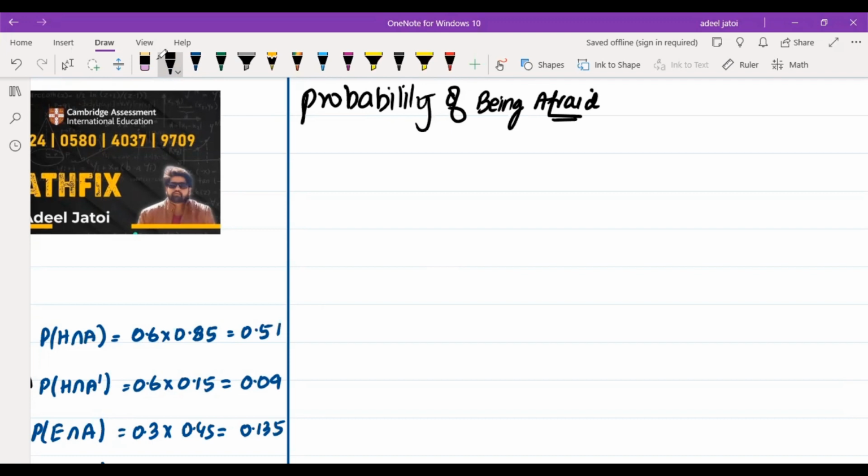When the question really wants us to find the probability of being afraid, that means the probability will be that it is on horse and afraid, or elephant and afraid, or camel and afraid, because the question was particularly unclear of what to do. But one thing was clear, that the probability was needed of being afraid.